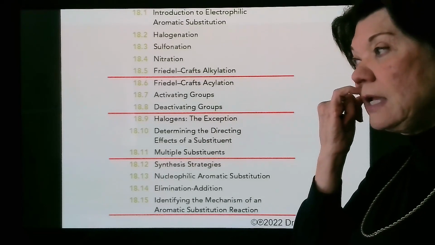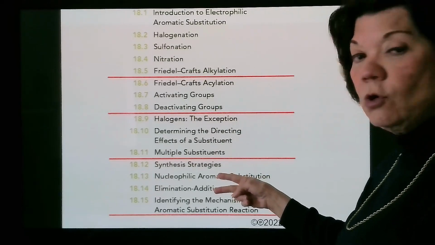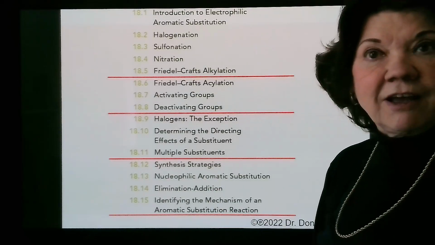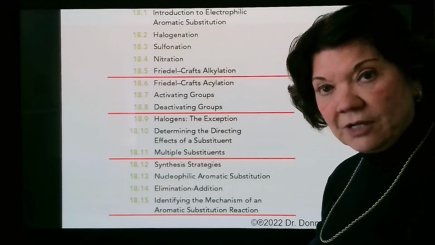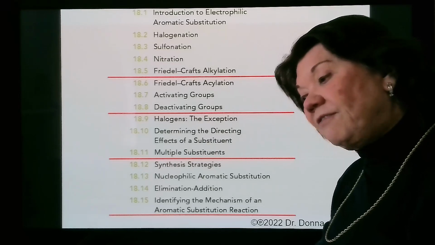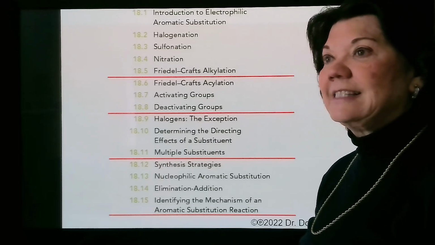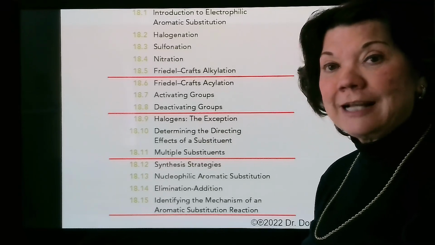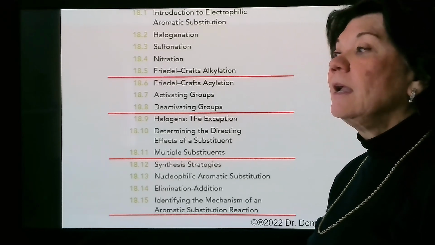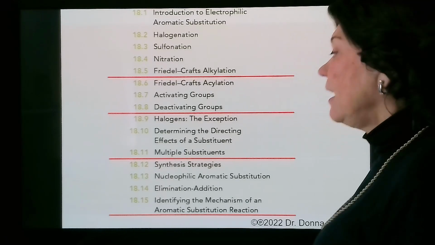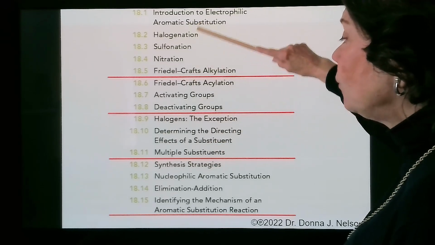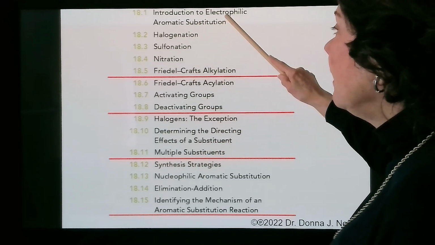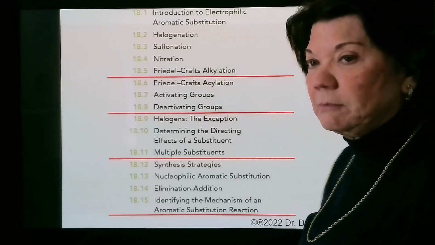So both of these reactions, these two new ones, involve nucleophilic attack on the benzene ring. Now, considering the fact that the benzene ring is extremely rich in electron density, it should make sense, it should be logical, that the vast majority of reactions we've covered have been electrophilic aromatic substitution.